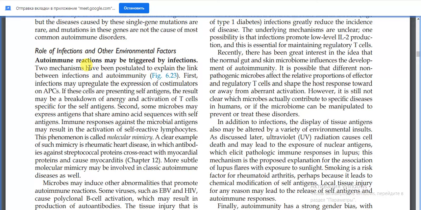The best example is streptococcus, hemolytic streptococcus. On its surface it possesses antigens which mimic our myocardium, or endocardium, the endothelial cells.